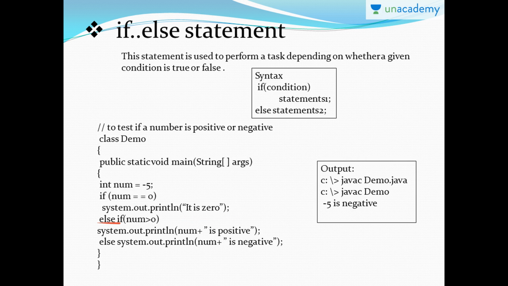If not, again giving a condition: if the number is greater than 0, print it is positive. If it is not greater than 0, print it as negative. As the given number is less than 0, this condition is not satisfied, it came here, so it is printing negative. Therefore the output we see is negative.